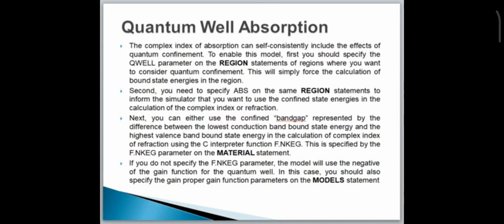If you don't specify the f.nkeg parameter, then the model will use the negative value of the gain function. So you must include the f.nkeg parameter on the material statement.